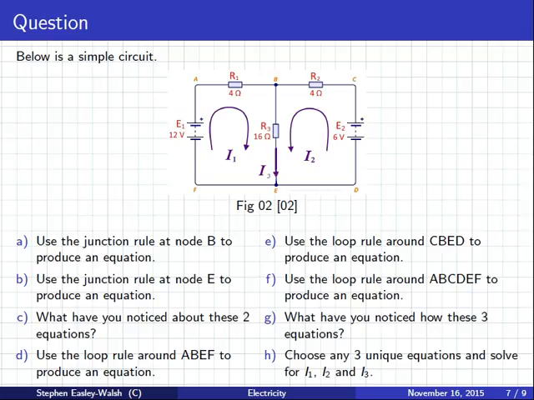Now look, do you see here? This is 6 and this one we don't know. This one here is 12 and this one we don't know. Sorry, that's wrong. The only things we don't know are I1, I2 and I3.